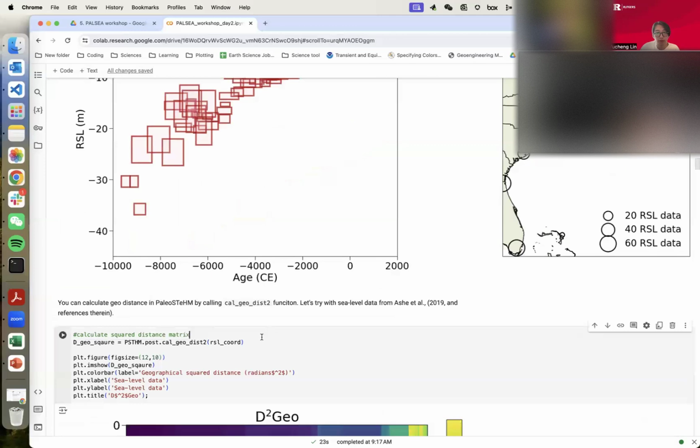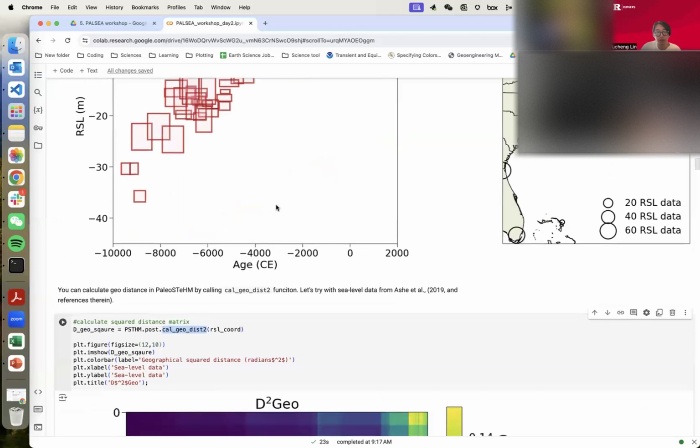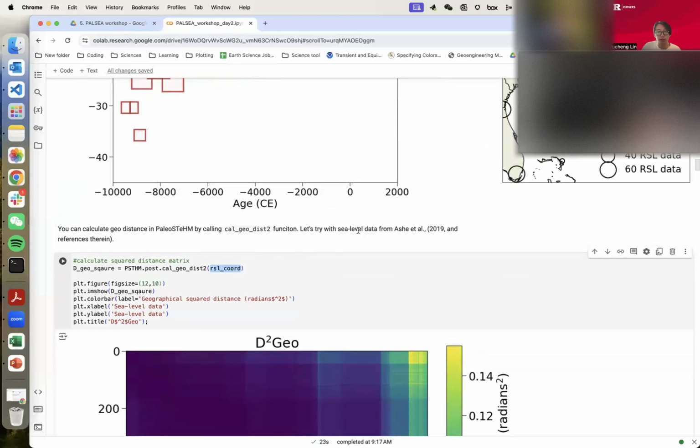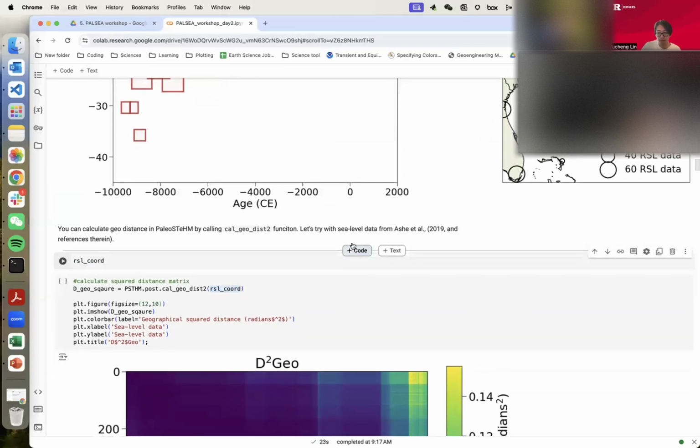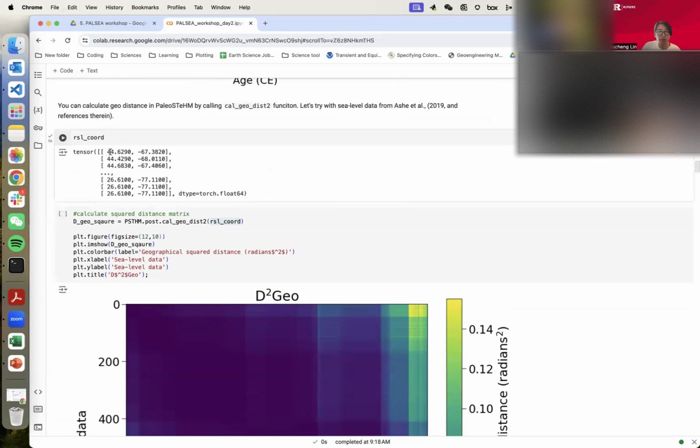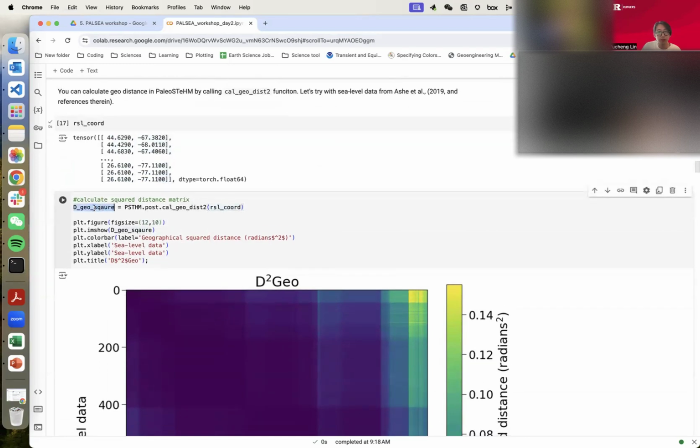Here you can just calculate the square distance spatially. Your input is two columns, one latitude and one longitude, and this function calculates the square distance function as a matrix for you.